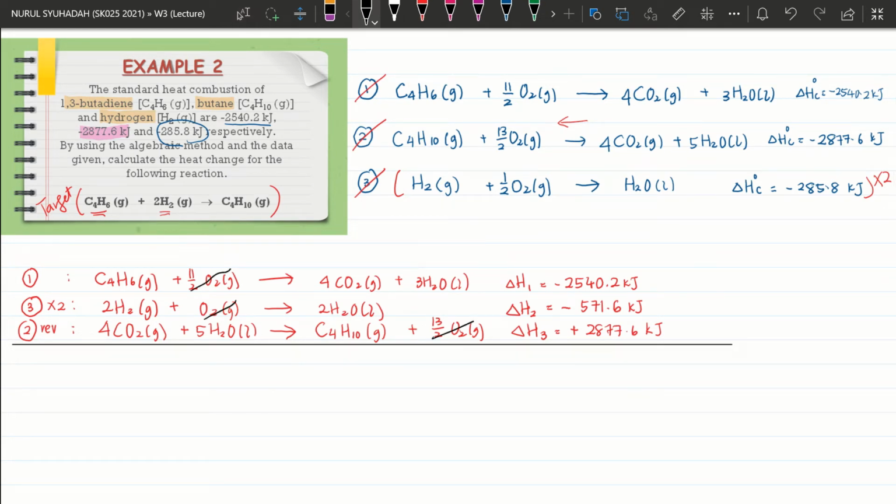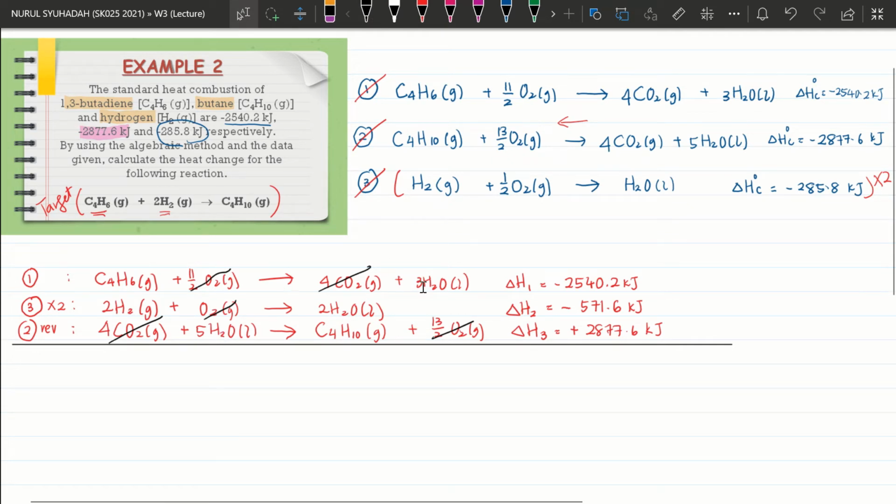Next, what else can we cancel? Carbon dioxide, CO2 on the product side and CO2 on the reactant side, so 4. Water. On the left hand side, 5H2O.